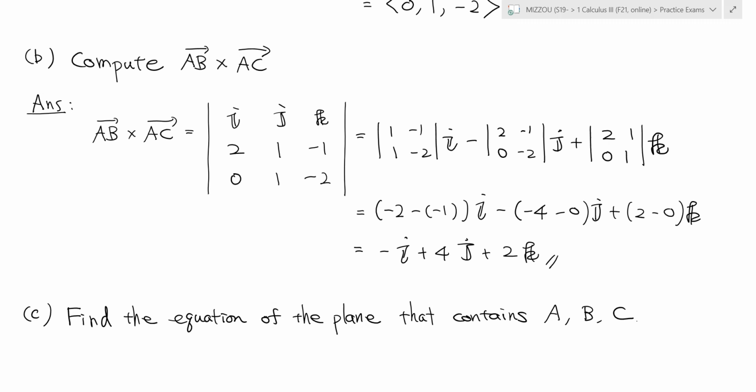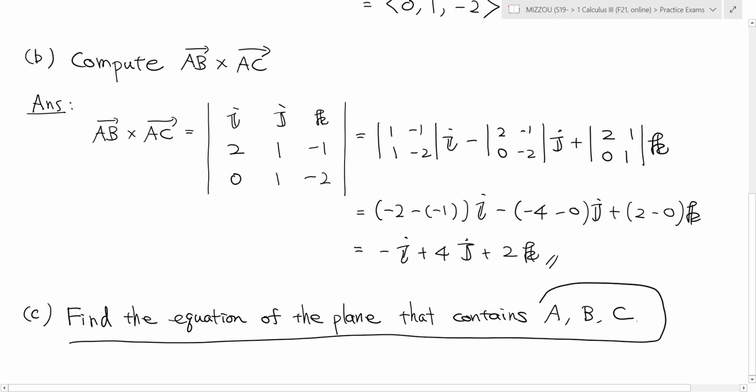Part C. Find the equation of the plane that contains those 3 points A, B, C. All right, so to find the equation of a plane, what you need is 2 things: 1 point the plane goes through, and the vector which is perpendicular to the plane.